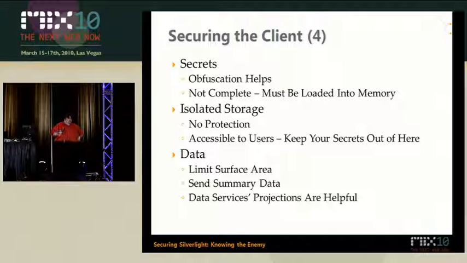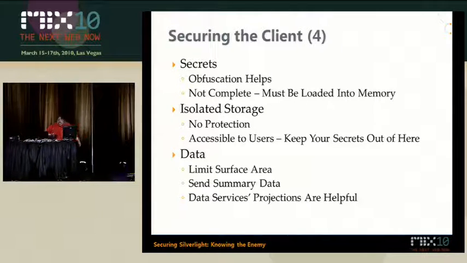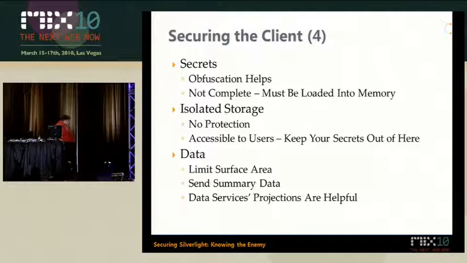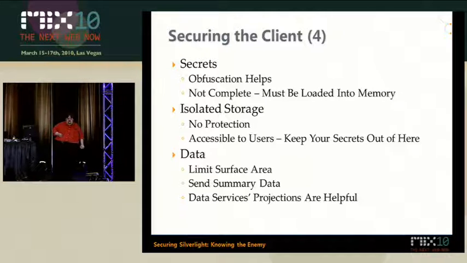Well, WCF out of the box comes with WS-Security as its binding layer. WS-Security requires secrets. The reason it doesn't work with Silverlight isn't because Microsoft is lazy, it's because Silverlight can't be trusted with secrets, right?